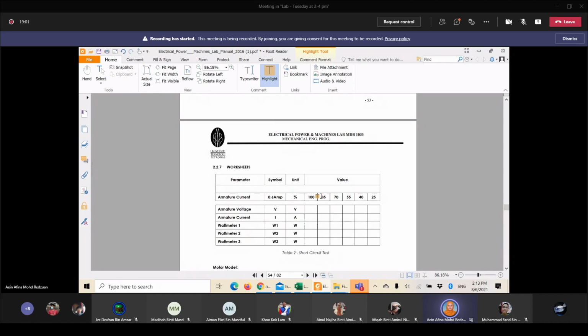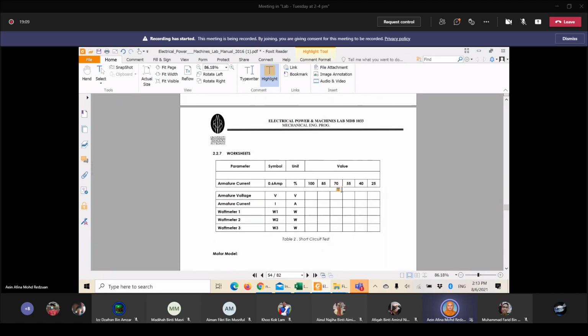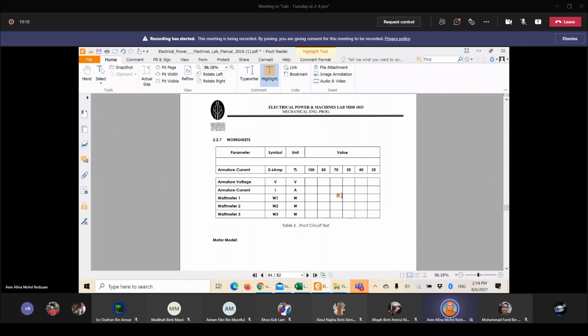Then 80% of 0.6 ampere, record the value here, until 25%. And the same thing, you get a reading of armature voltage, wattmeter 1, wattmeter 2, wattmeter 3 at the analyzer. Okay, basically that's what we do in the physical lab.